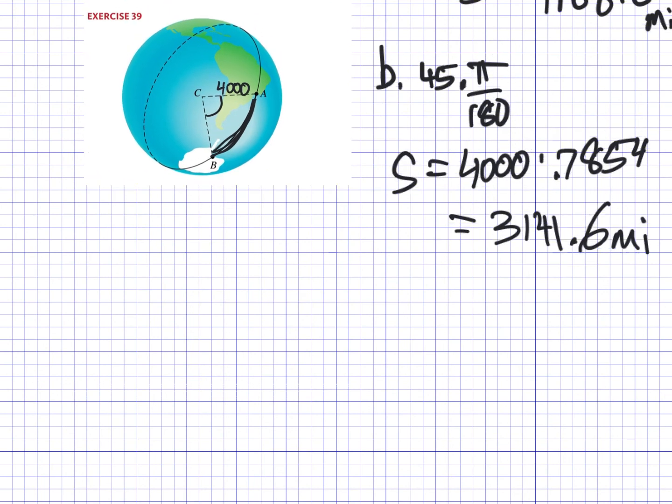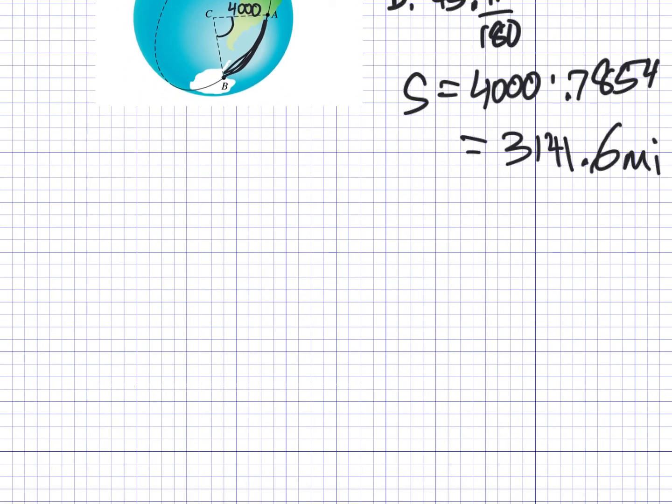All right. Now let's do C, D, and E. So part C is 30 degrees. So 30 times pi over 180. That's going to be pi over 6, but we'll just go ahead and do 30 times pi, and then divide by 180. And that's 0.523598.